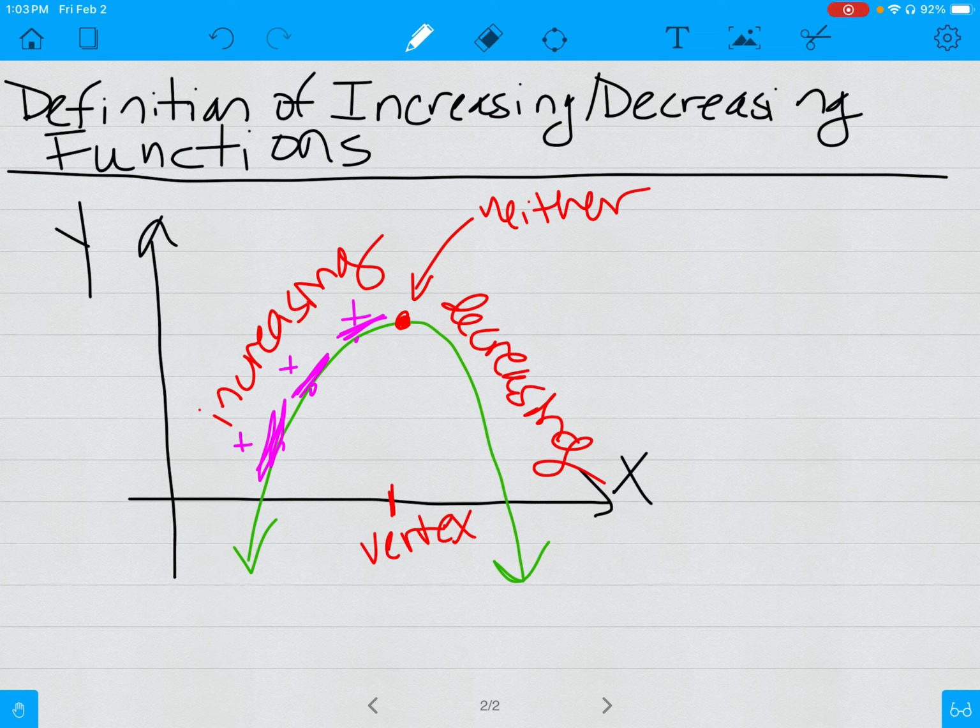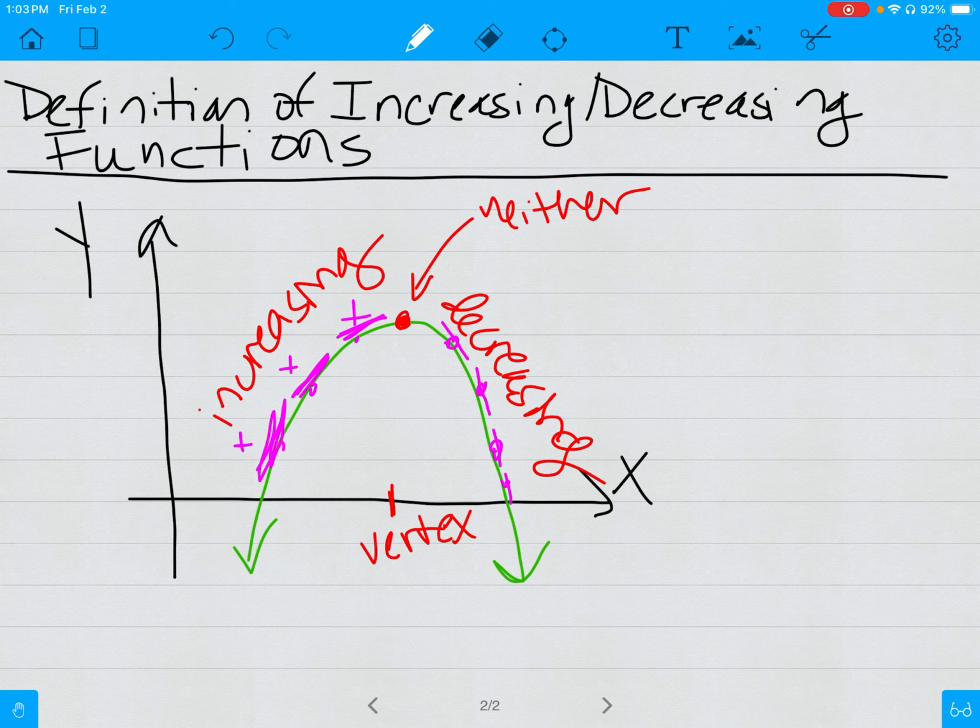And that will be true on any increasing part of the graph. The slope of the line tangent will be positive. Similarly, if I look at this decreasing side, all of these tangent lines will have a negative slope. And that tells me that the function there is decreasing.